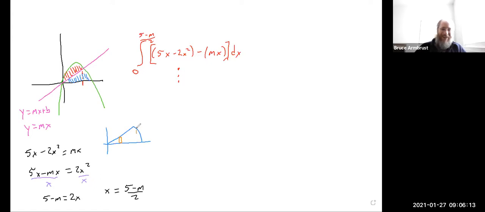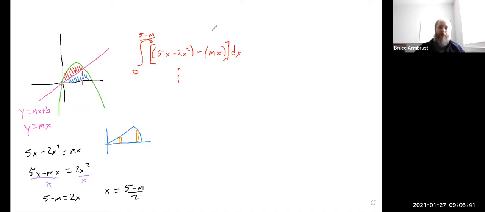But let's just think about it. If you can't see from the little picture, I've got a big grin on my face. Because check this out. Here are the little representative rectangles. And notice that sometimes it's on the line and sometimes it's on the parabola. So if we ask what function is on top, the answer is it depends where we are.